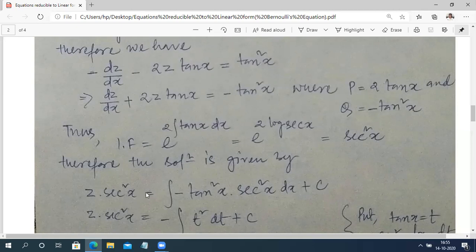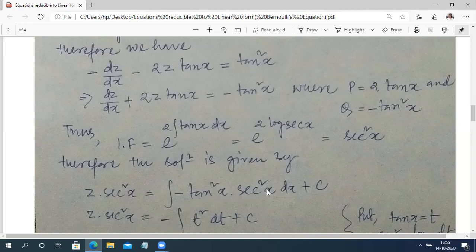So after finding the integrating factor, you just write the solution: z into the integrating factor, that is z into sec square x, is equal to integration of q into integrating factor. Q is minus tan square x into integrating factor sec square x dx. So it will be z sec square x is equal to minus of integral of tan square x sec square x.